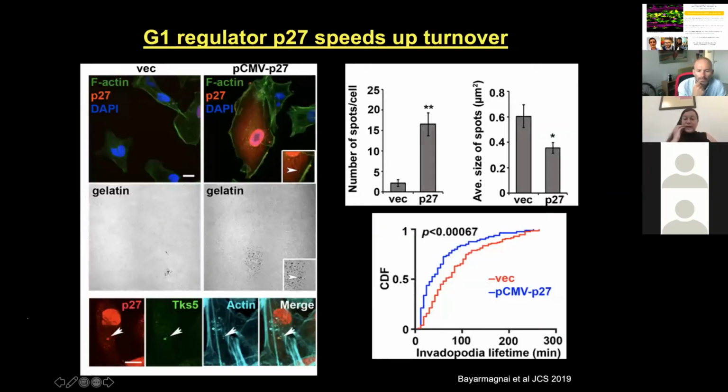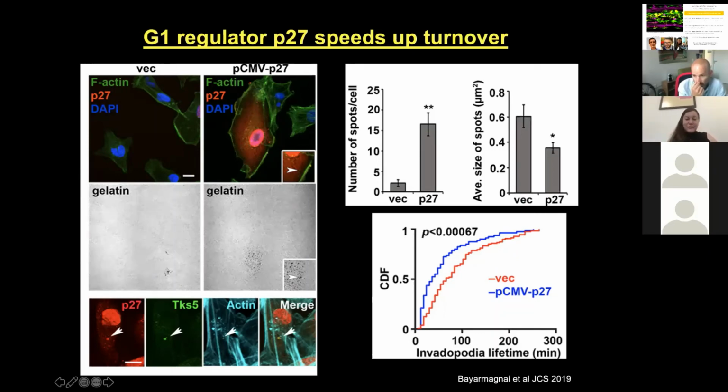And we understood so far just a little bit of the mechanism, and it seems that P27, which is the G1 controller, speeds up the turnover of invadopodia. So their lifetime becomes much shorter. So that means that they can go through these cycles of creating invadopodia, then moving further, creating invadopodia, moving further.